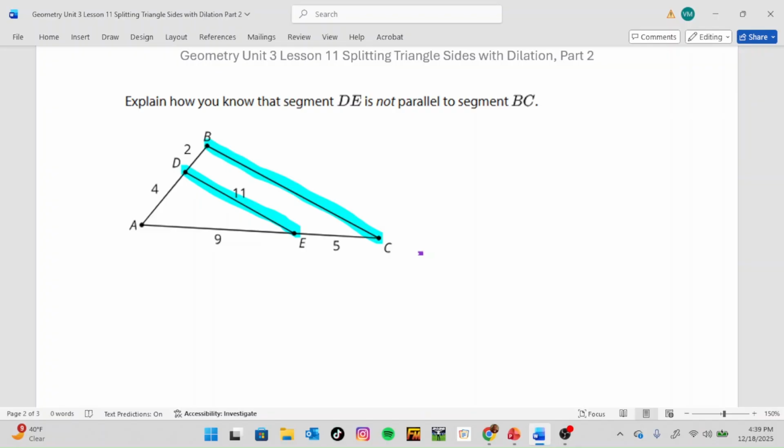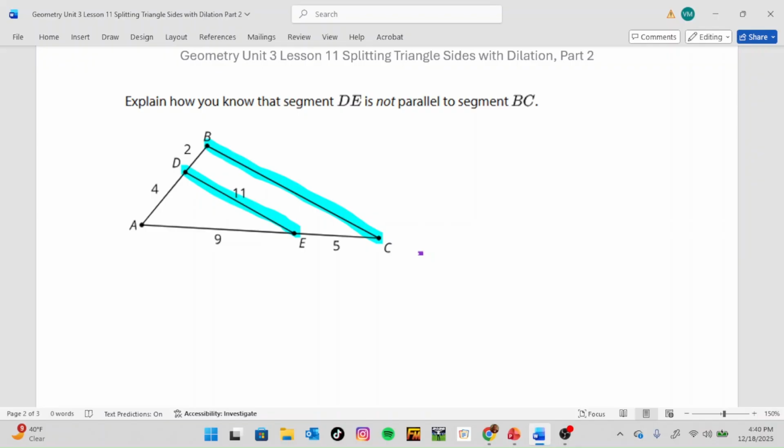If these are parallel, then I should be able to dilate this using A as my center, and the sides should be proportional. So let's find our scaling factor.